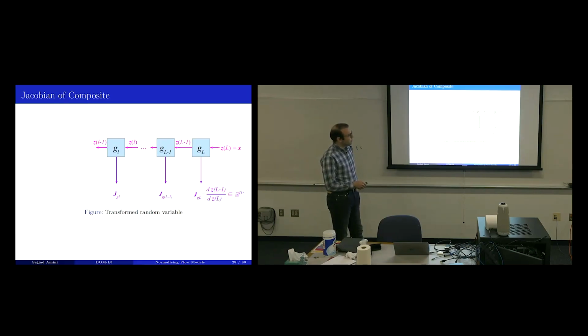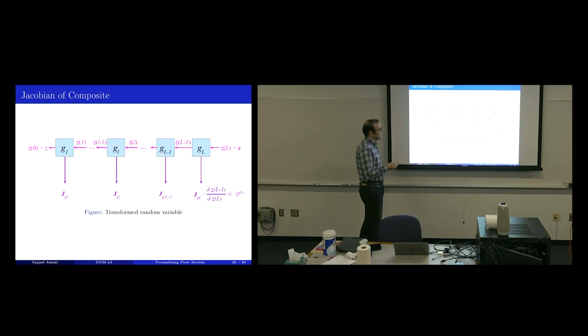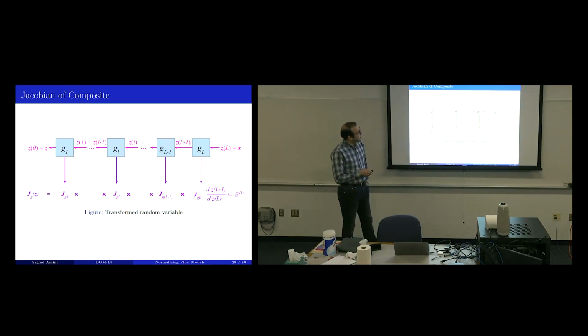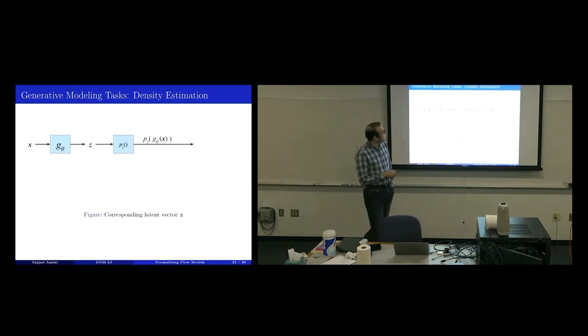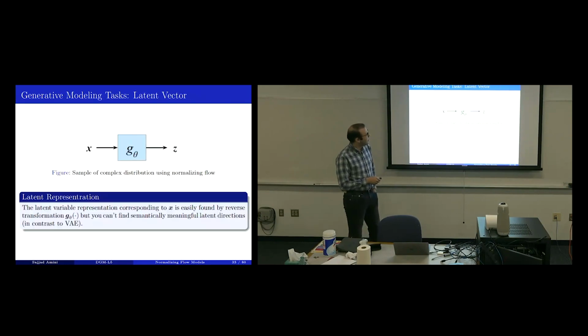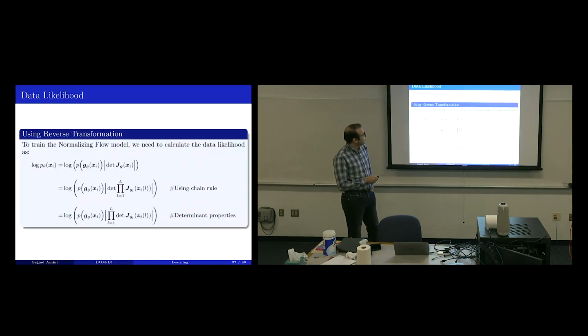So the most important part was that this Jacobian must be calculated easily, and it should not be complex in terms of resources needed to calculate. Okay, and this was the generation way. This is the density estimation, and also we saw the learning part.